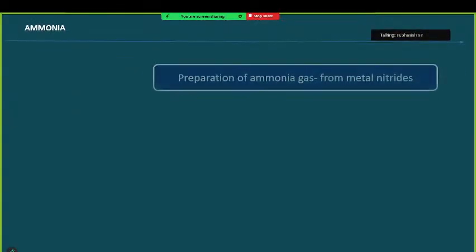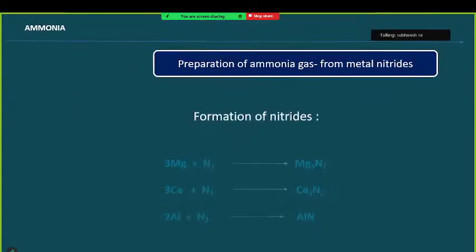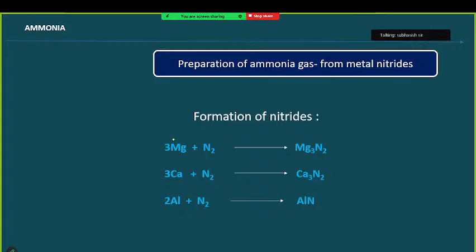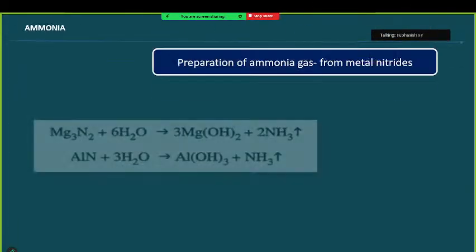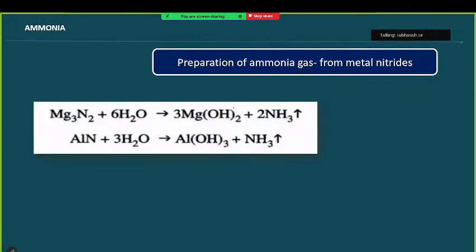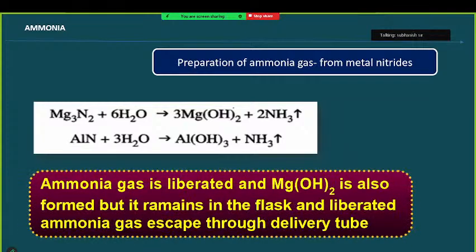Like magnesium nitride, where magnesium reacts with nitrogen to form magnesium nitride, or calcium or aluminium nitrides. When these nitrides react with warm water, they form ammonia gas. So metal nitrides can be used to prepare ammonia. Here you see magnesium nitride gives magnesium hydroxide and ammonia, aluminium nitride gives aluminium hydroxide and ammonia.